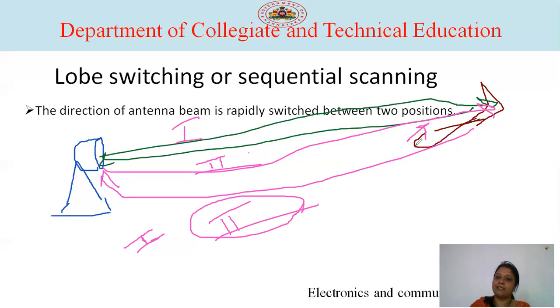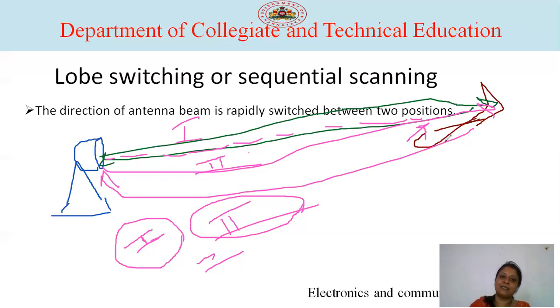Now suppose the first echo signal strength is more, that indicates the target is nearer to the first position. Therefore, depending on these two strengths, they are compared. And when both echo signal strengths are equal, that indicates the target is exactly midway between the two positions. Therefore, the target can be tracked accurately.